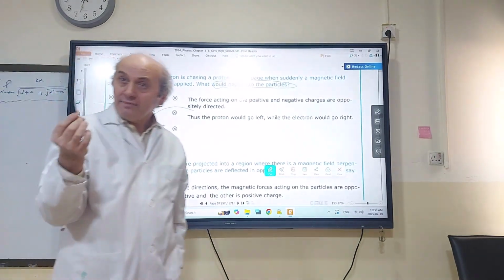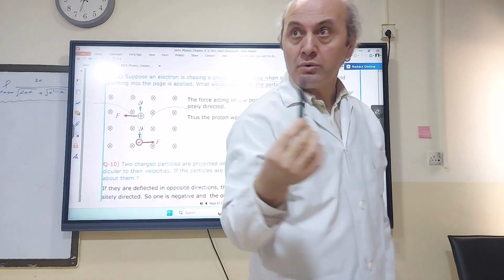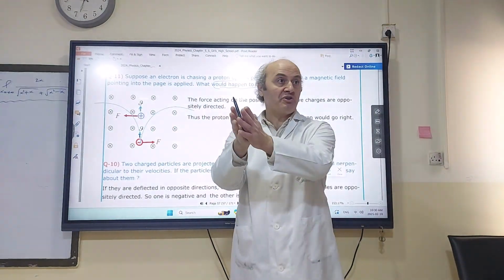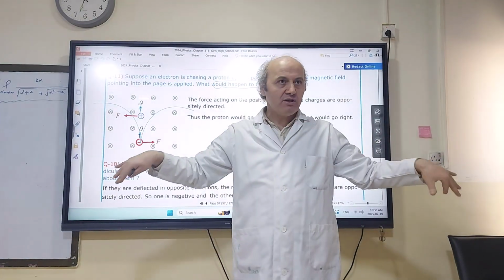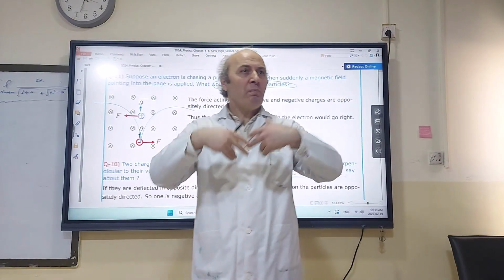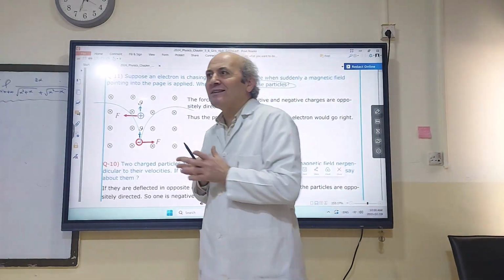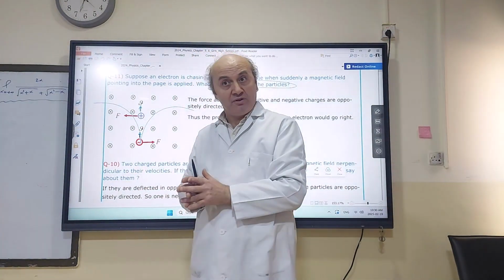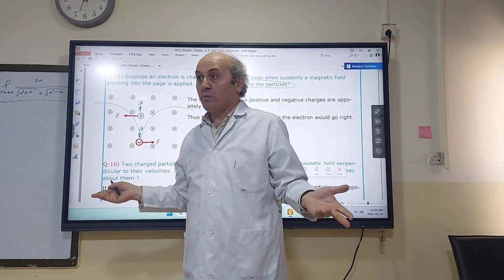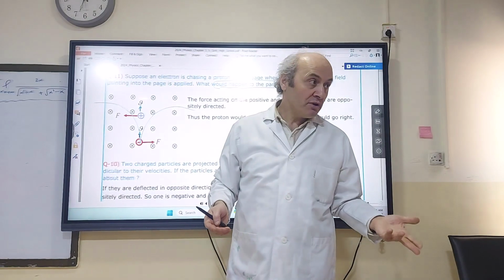When a proton and an electron enter the same magnetic field and move in the same direction, they always deflect in opposite directions. If two particles enter a magnetic field and move in the same direction and deflect in opposite directions, absolutely they are opposite charges. One of them is positive, the other one is negative.